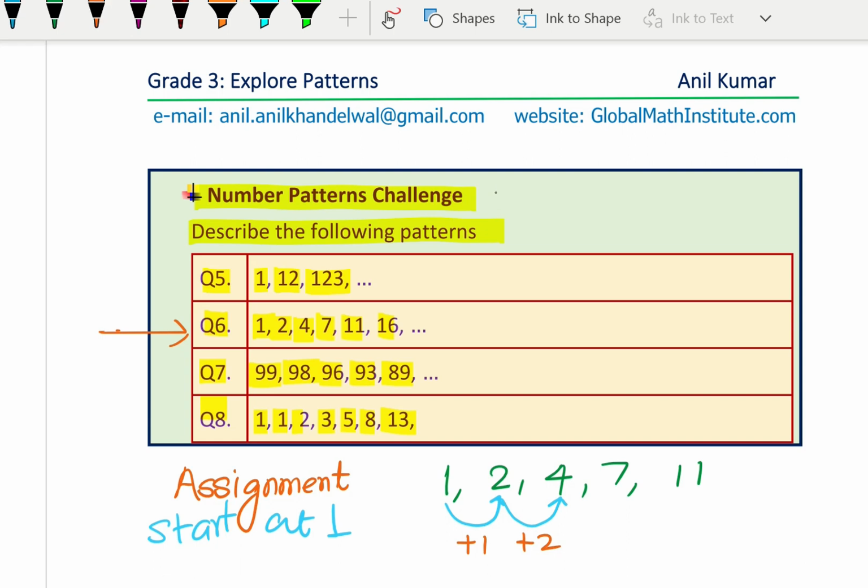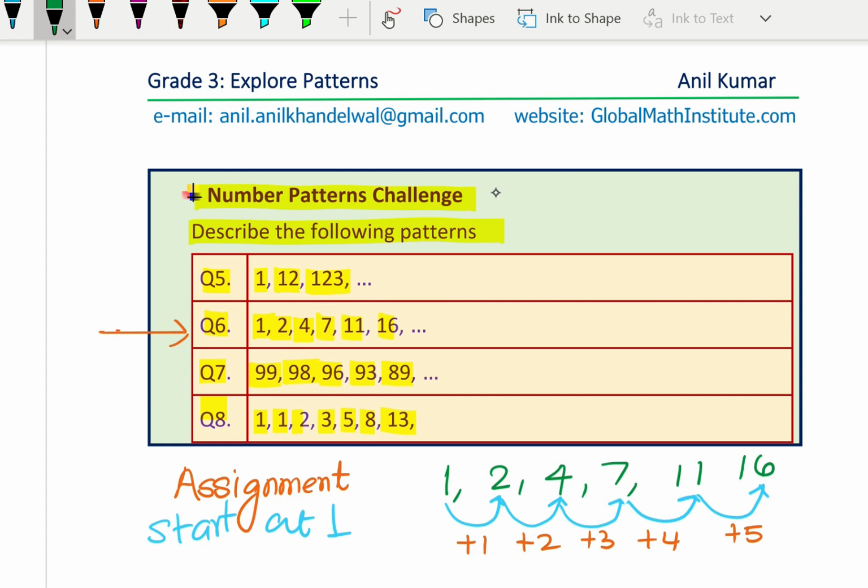And then from 4 to 7, and then 7 to 11, what numbers are we adding? From 4 to 7, we are adding 3. And from 7 to 11, we are adding 4. That means we should add 5 next time to get the next number, right? Do you see that? So when we add 5 to 11, we get 11 plus 5, which is 16.